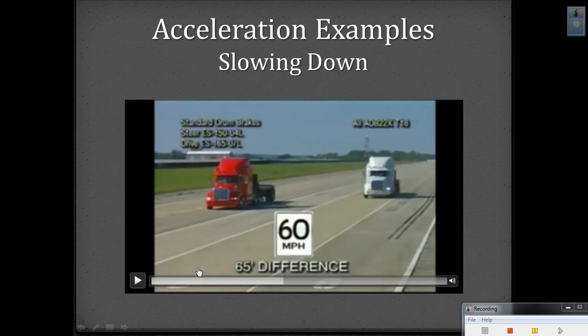That video is showing research done by a brake company showing the advantages of their brake product versus a standard product. They're showing that their product helps stop a semi-truck a lot shorter than this other truck.